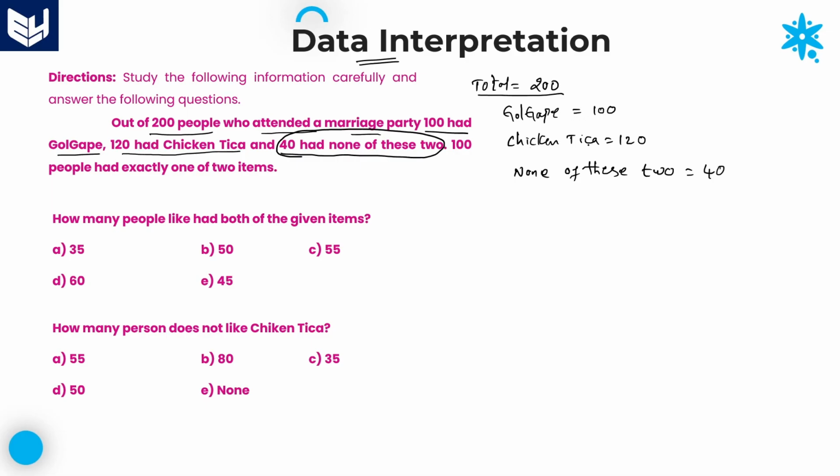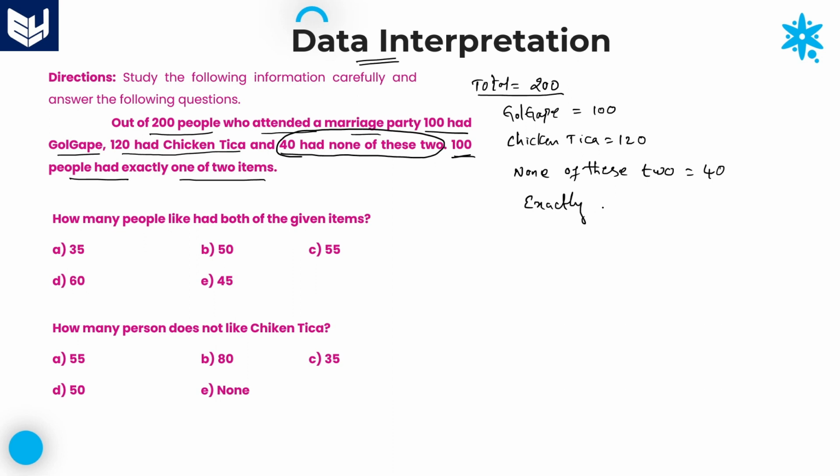From this, it is clear that you can write down one more value. One more value is also provided: 100 people had exactly one of the two items. Exactly one means you should not take both Golgappa and chicken tikka together. So, exactly one.